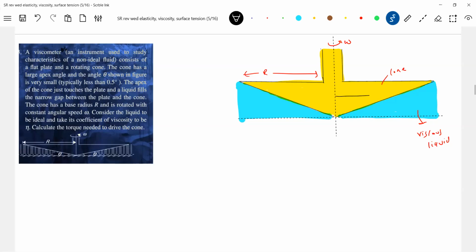So here, let me take a strip at a distance x. Look at that layer here. If you assume it like this, you are going to get a disk.